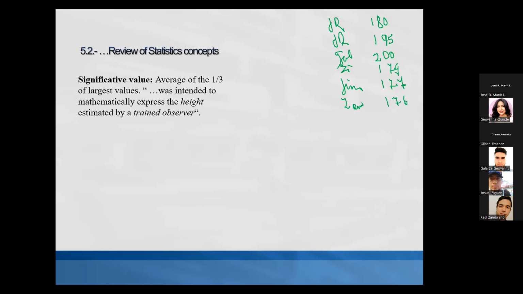So these 6 are the heaviest persons in this class, which corresponds to 1/3 of the class. Now we have to calculate the average of this. Anybody help me with the average?